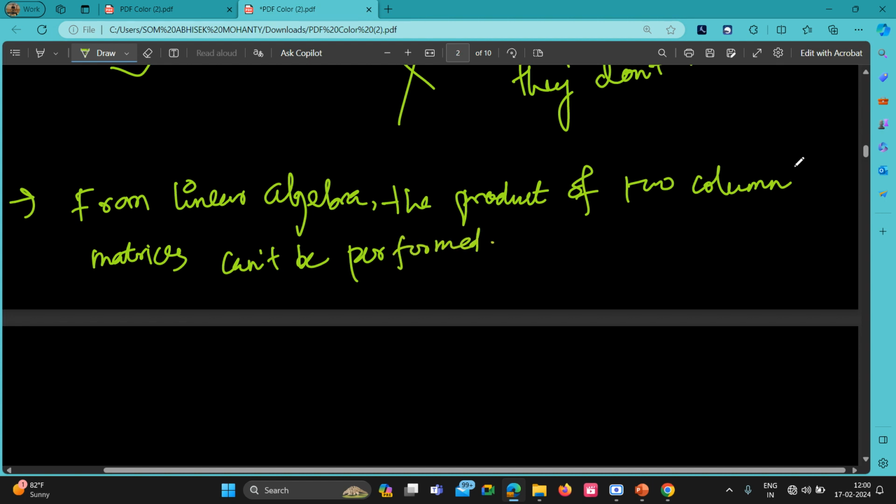Okay, and two column matrices or even two row matrices cannot be performed. Okay, yeah, that will be the answer. I hope you understood.